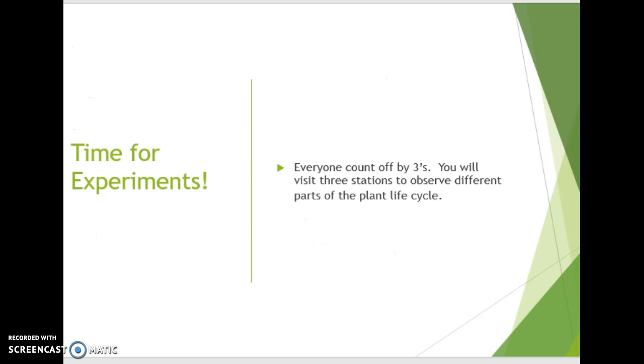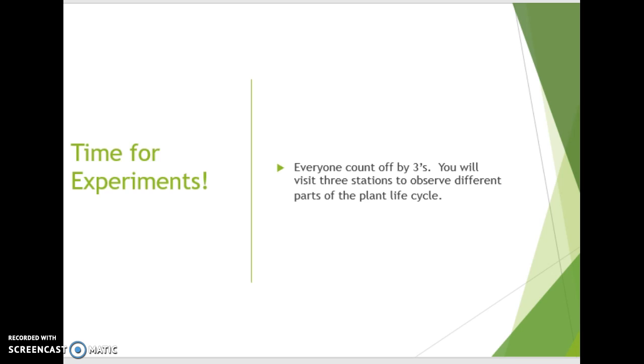Okay, welcome back. Now we're going to do our experiments. For our experiment, we're going to plant our own seed and put it in the window so we can watch it grow throughout the next couple of weeks, and we're going to write down our observations in our science notebooks. That was one station.